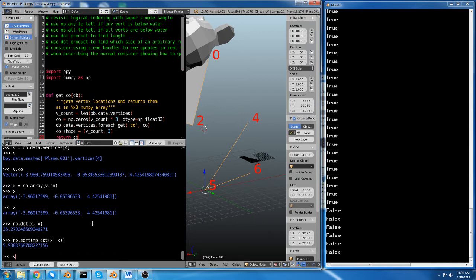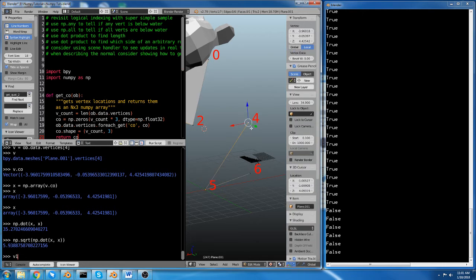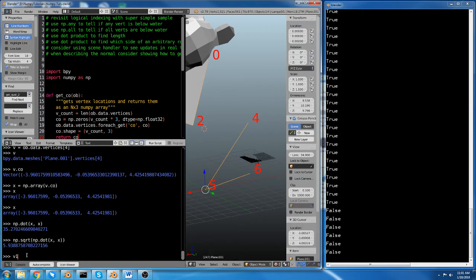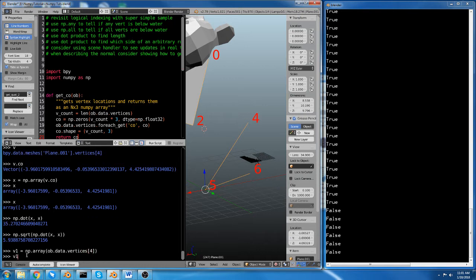So, first of all, we need v1. So v1 is going to be our vertex number 4. So v1 equals np.array ob.data.vertices 4. So here's v1.